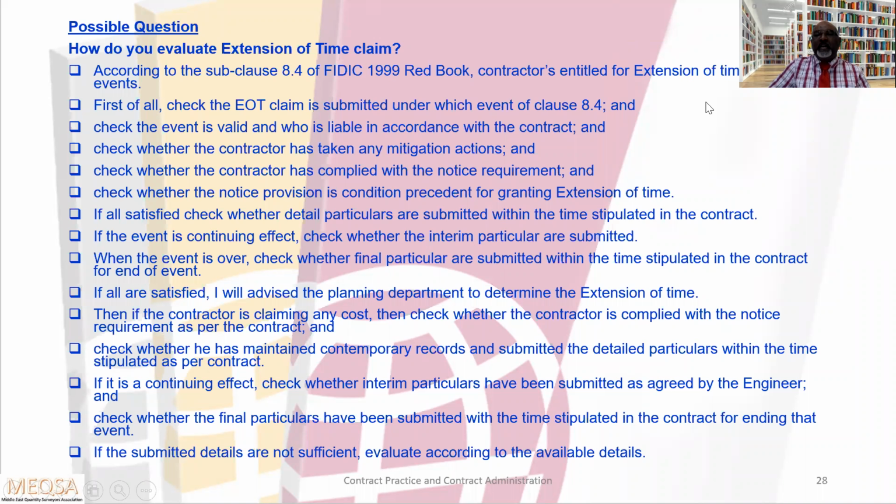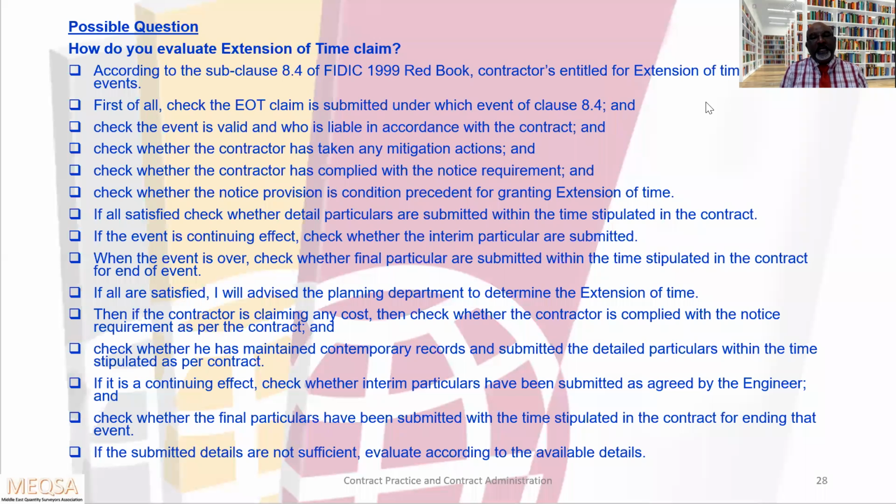Now look at the question. This is also one of the most popular questions in the RICS. This is a possible question: how do you evaluate an extension of time claim? So these are the steps.